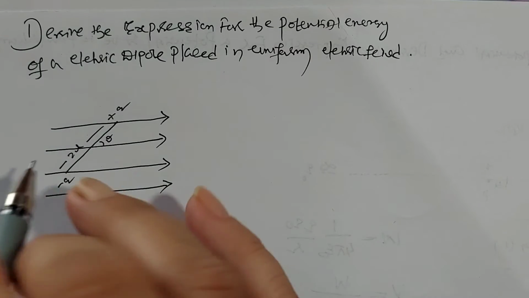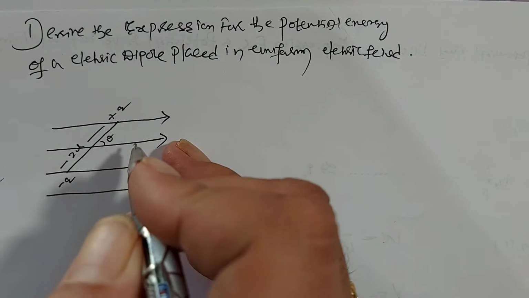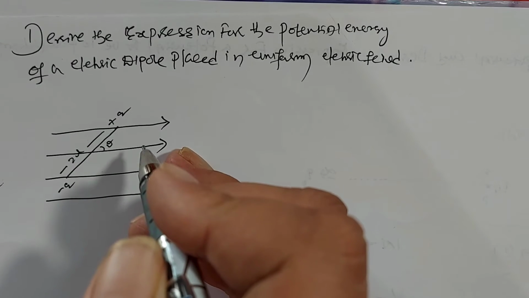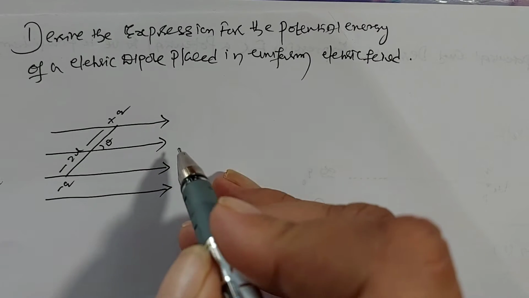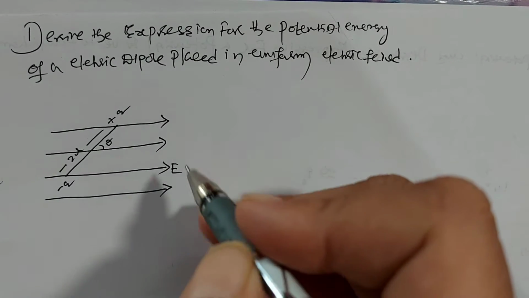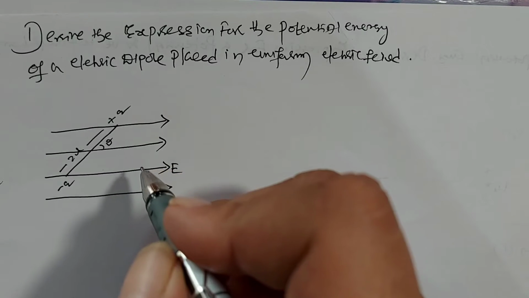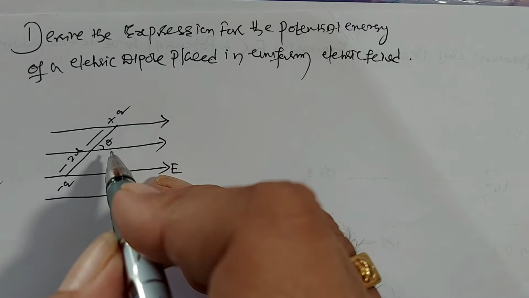So let us see. Here this is a dipole. This dipole is placed in a uniform electric field at an angle theta with the field. Now what happens here?